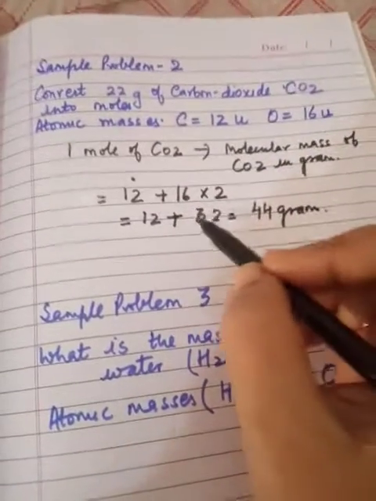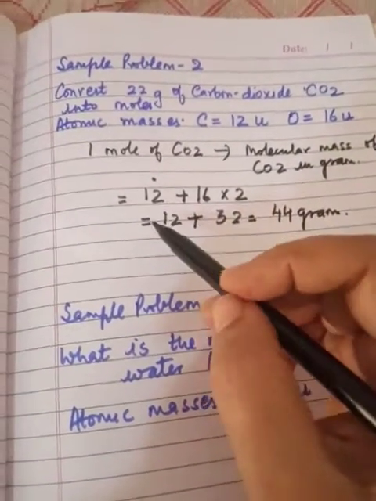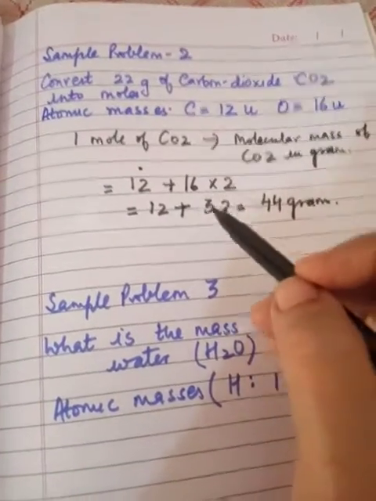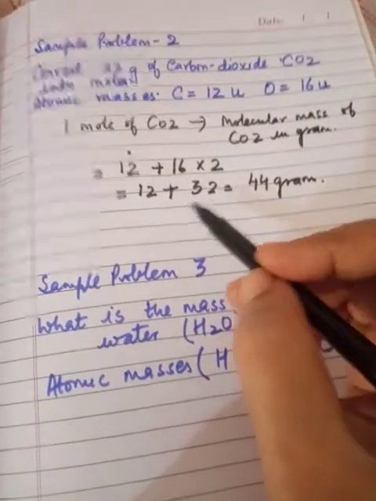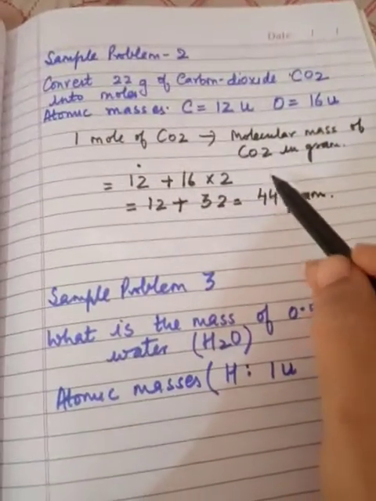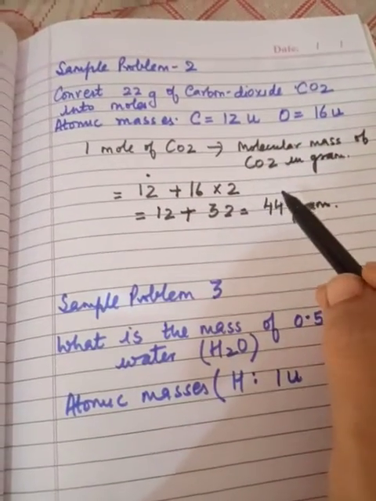Now, gram molecular mass of a substance is also known as the molar mass of the substance. Now, we have calculated the molar mass of the substance.